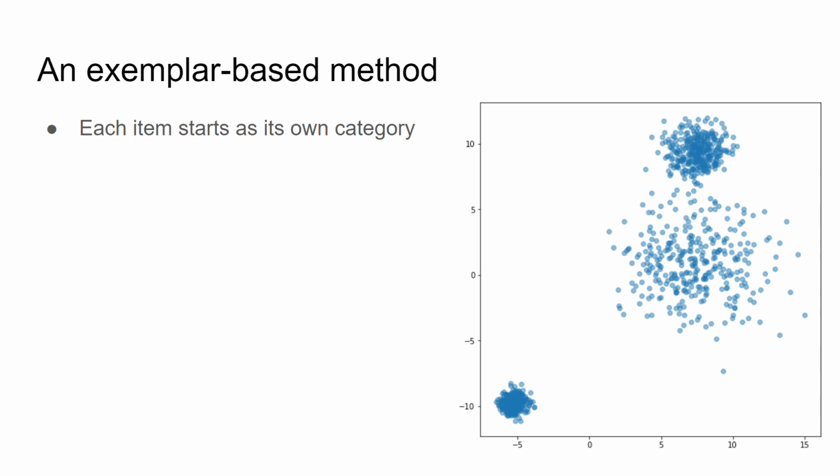Well, what's the easiest thing to do? Let's say I just want to reduce the number of categories by 1. I just want to get rid of 1. What I could do is find the 2 points that are the closest. There's going to be 2 points somewhere in there that are the closest.